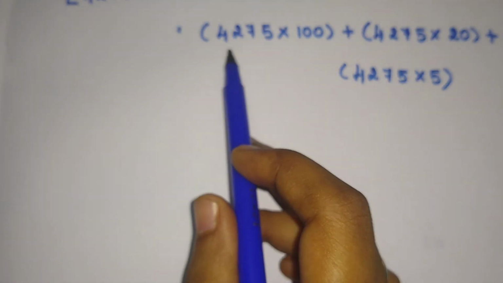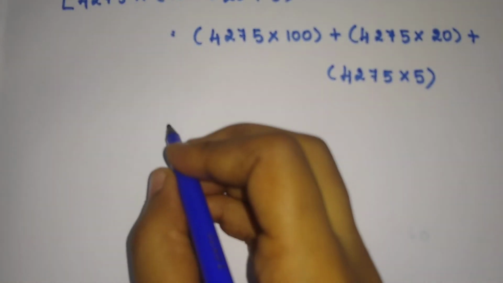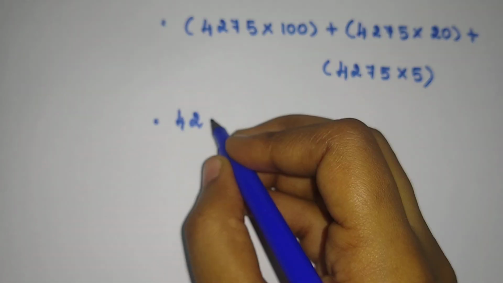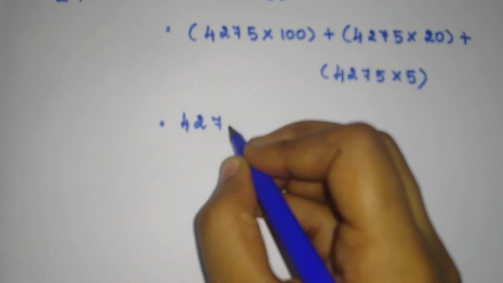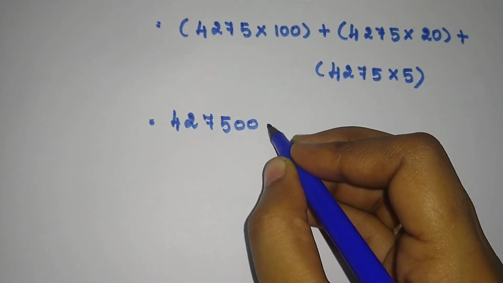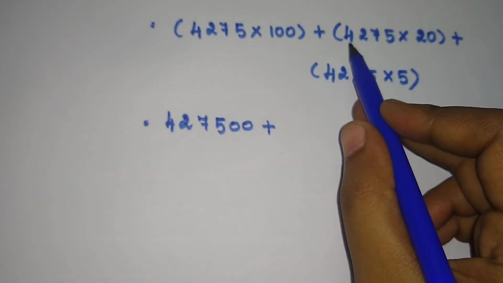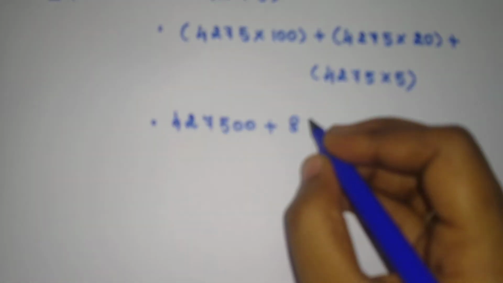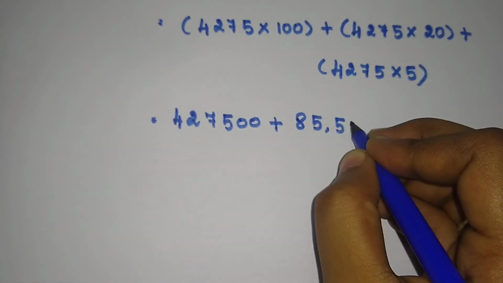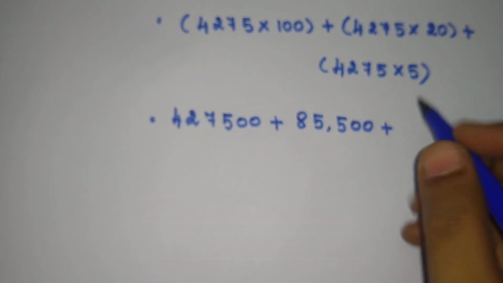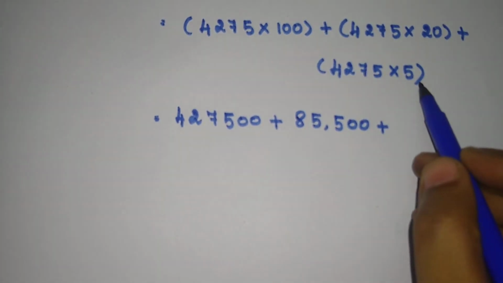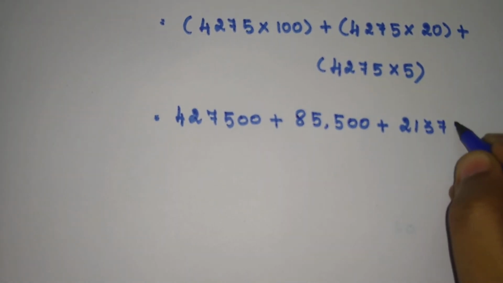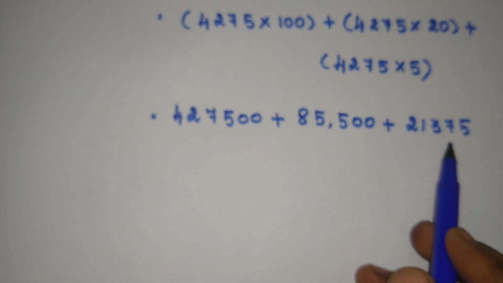We have to multiply 4275 into 100. We get 4,27,500. Then we have to multiply 4275 into 20. We get 85,500 plus 4275 into 5. The answer is 21,375. At last we have to add these three numbers.